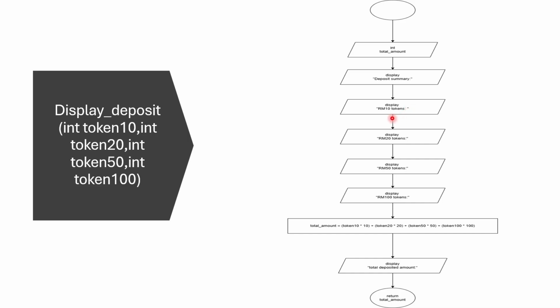So it will display RM10 tokens, RM50 tokens, RM100 tokens. And this is the process where we calculate the total amount of the deposit tokens. So lastly, it will display the total deposit amount and return the total amount.